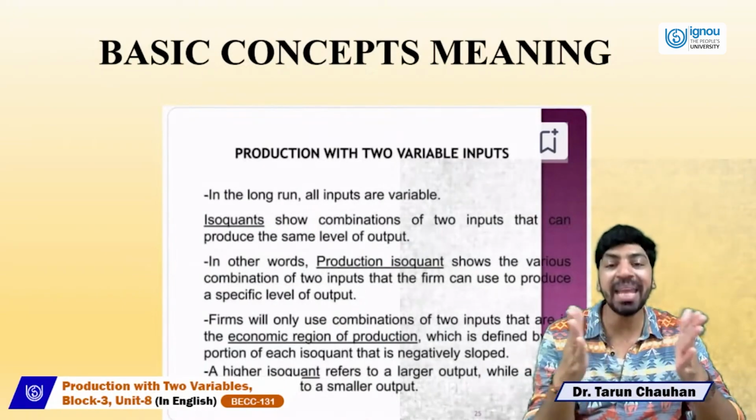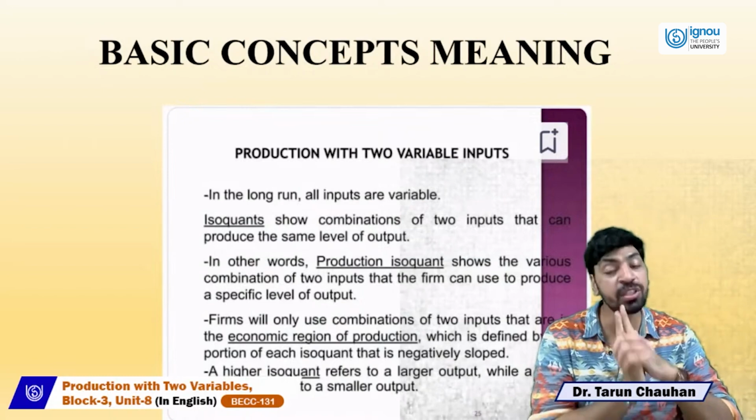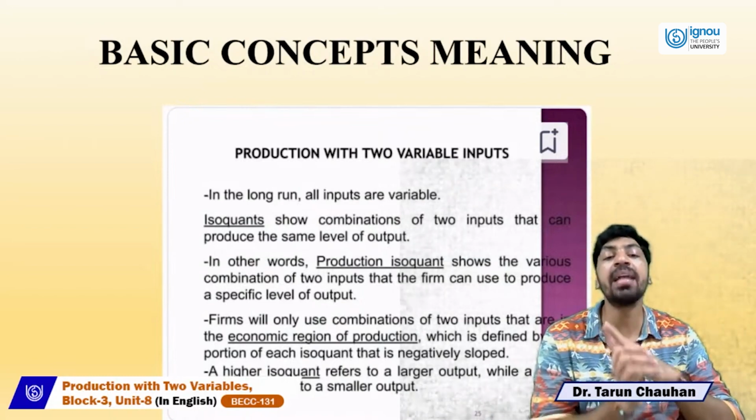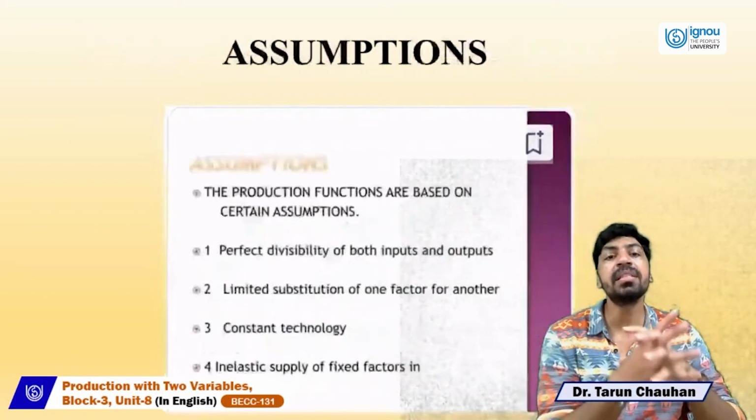So these are the main concepts which refer to isoquants: production isoquants, the economic region of production, and the higher and lower isoquants. The next is assumptions.